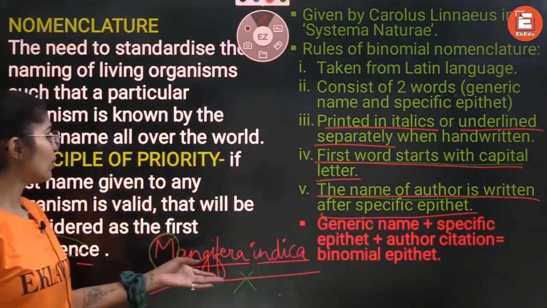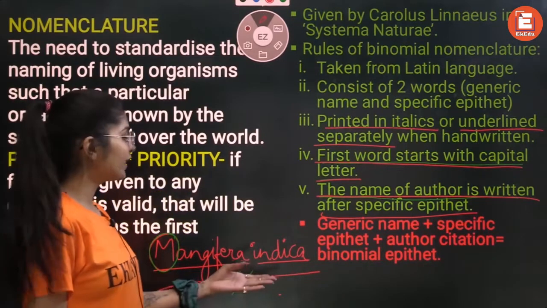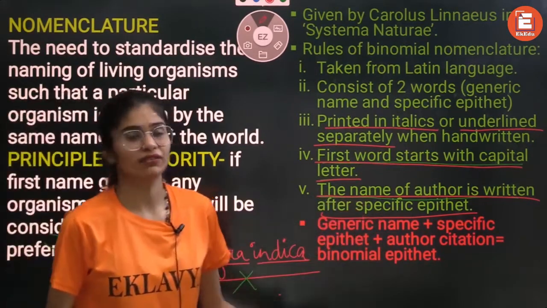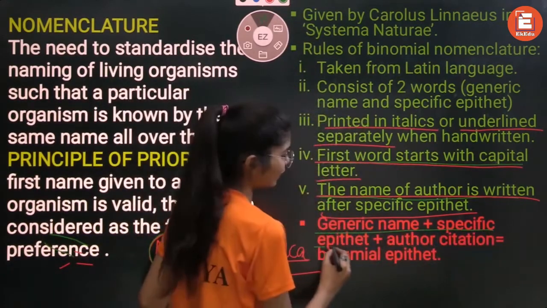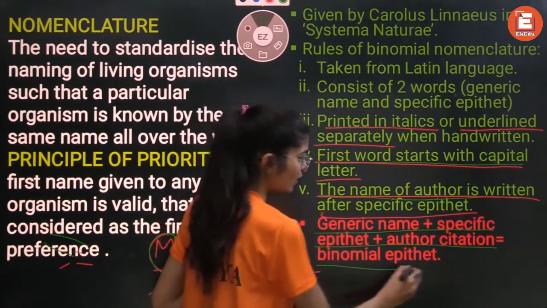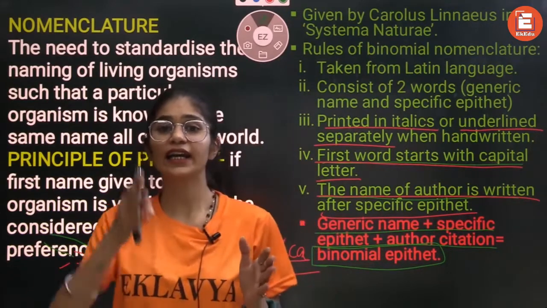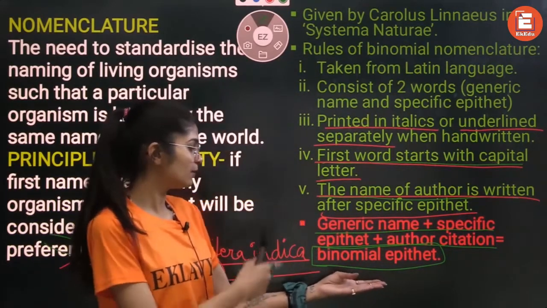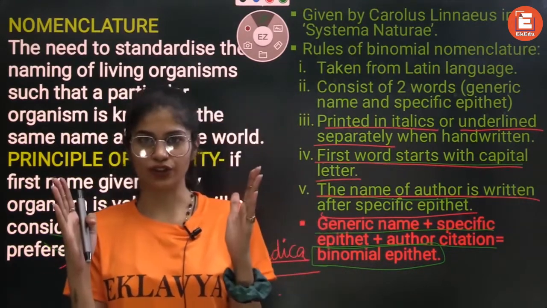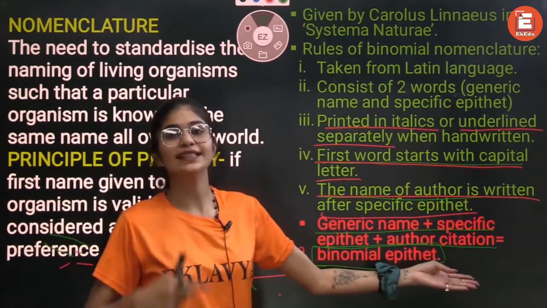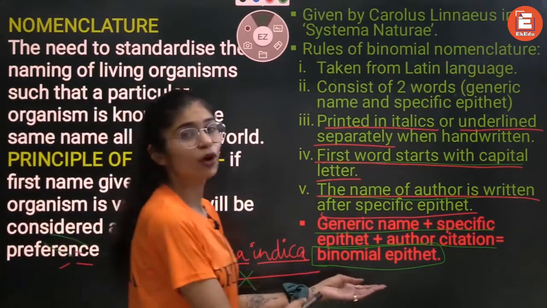The author's name would be Linn, L-I-N-N, and it comes after indica. So the generic name, specific epithet and the author's citation together make up the full name. If I write Mangifera indica Linn, it is a binomial name with author citation, whereas Mangifera indica alone is just the biological name. When we include the author's name, who gave Mangifera indica its name, it becomes the complete citation.